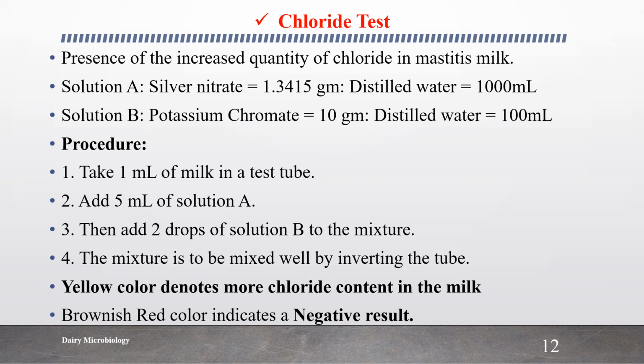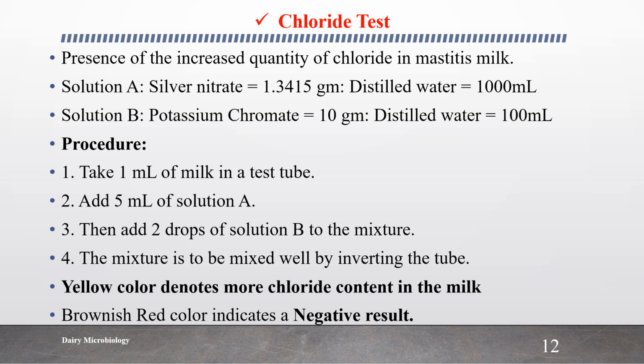Then add 5 ml of solution A, which contains silver nitrate, and then add 2 drops of solution B, which contains potassium chromate. After addition, mix this reagent in milk properly by inverting the test tube, and then observe the development of yellow color.